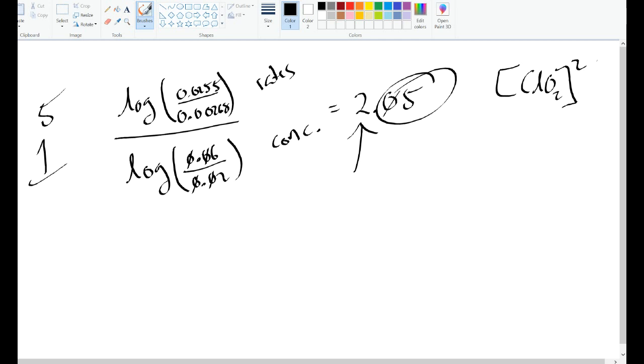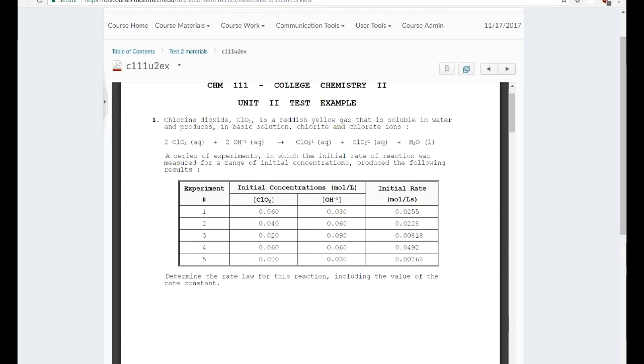We can do pretty much the same thing to find the exponential for hydroxide, except we're going to have to pick different experiments. Okay, let's go ahead and do experiment 4 and experiment 2, because definitely not experiments 4 and 2. We'll want experiments 4 and 1.